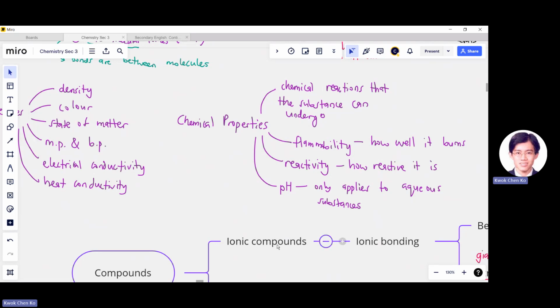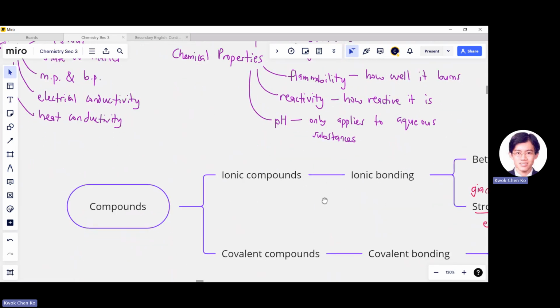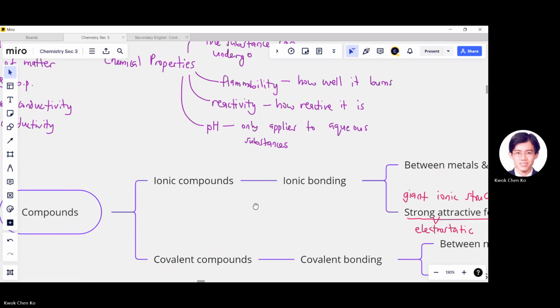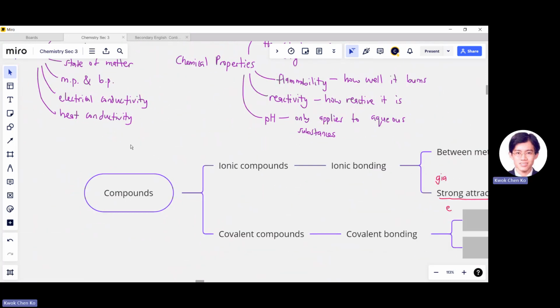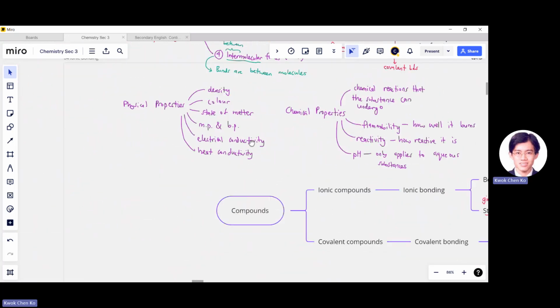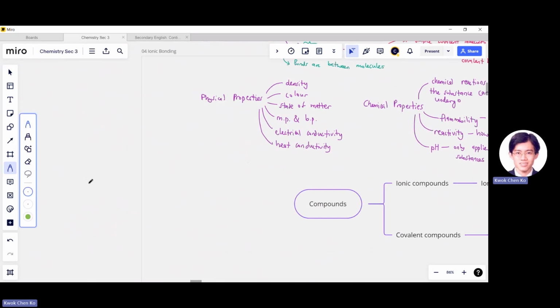Right, let's finish this off. Ionic compounds. Now, I'm more interested in this case in the physical properties.